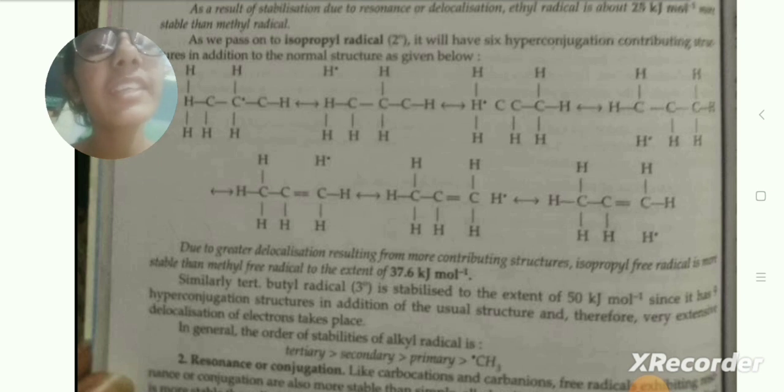Similarly, the tert-butyl radical (tertiary) is stabilized to the extent of 50 kJ per mole, since it has 9 hyperconjugation structures in addition to the usual structure, and therefore a very extensive delocalization of electrons takes place. In general, the order of stability of alkyl free radicals is tertiary, secondary, primary, then CH3 free radicals.